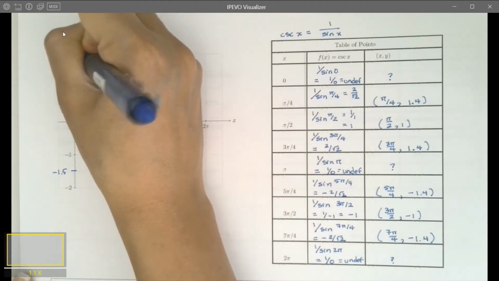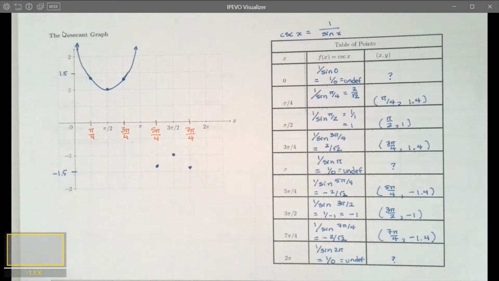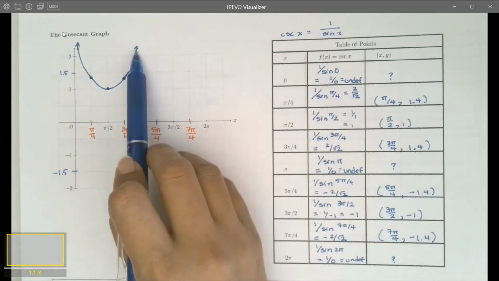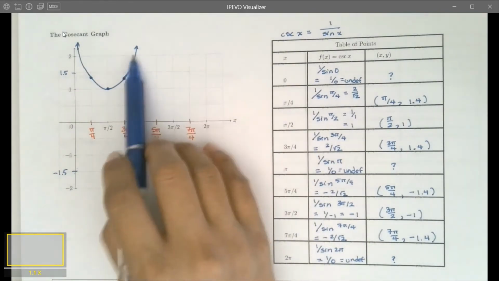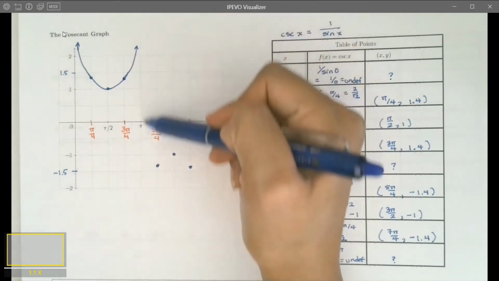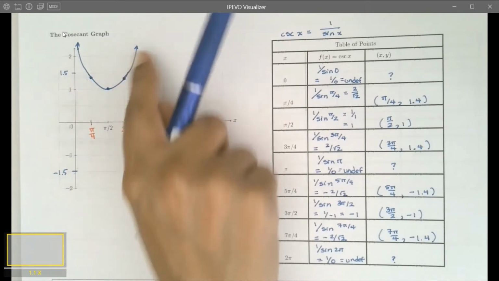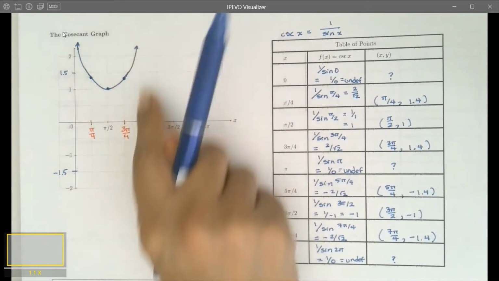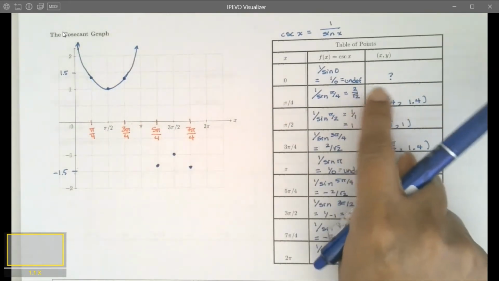But the funny thing is we never actually have the graph cross this. If we were to draw a vertical line, it never crosses the vertical line passing through pi because it just continues to grow larger and larger, and then at pi it's undefined.